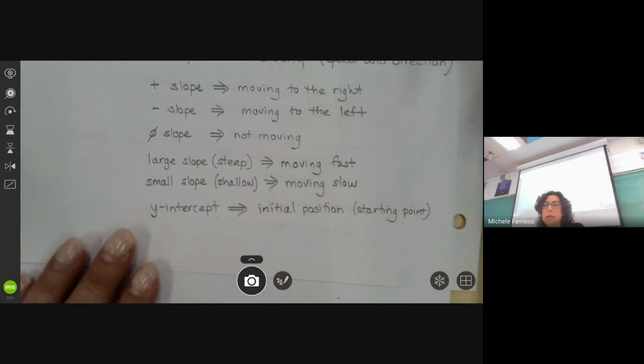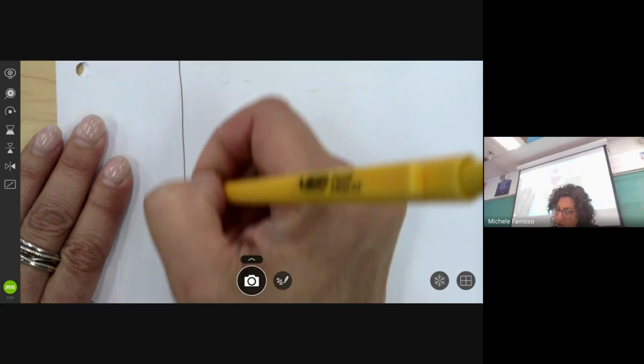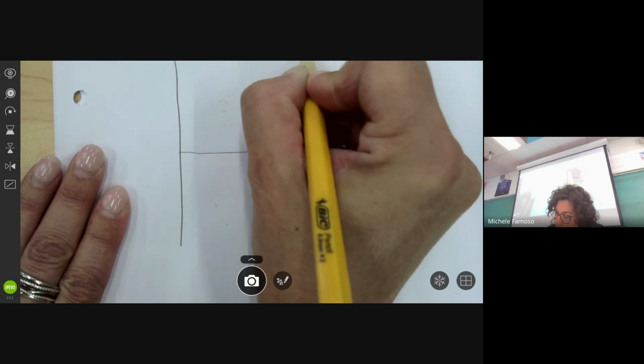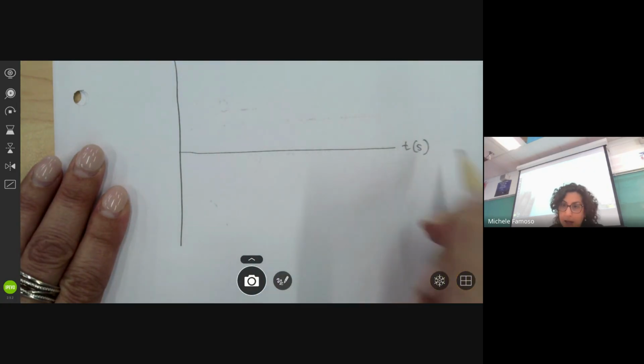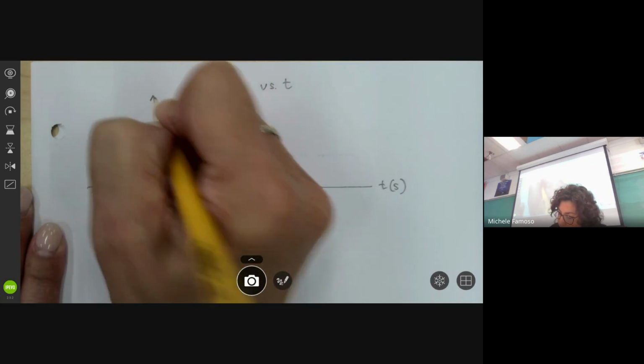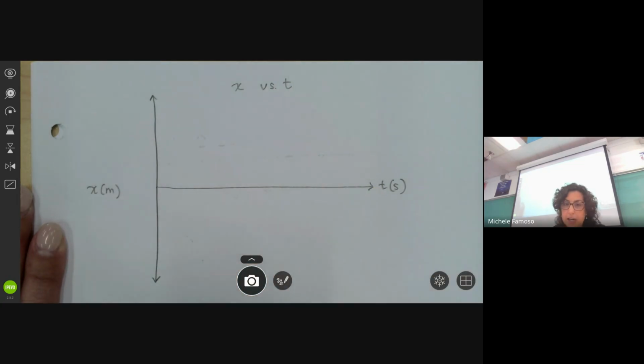Okay, these are patterns. Let's now make a graph, sketch a graph of position versus time. So here is time in seconds. Here is the position in meters. I don't need any numbers on it other to know that's 0, 0. I'm going to draw 5 lines, and I want you to label them with me, okay? And then what we're going to do is try to describe the motion that each of these lines has.